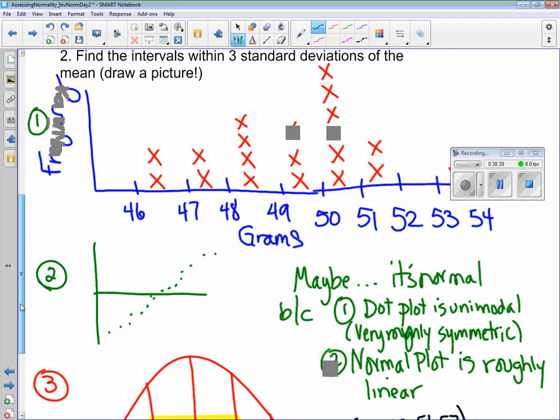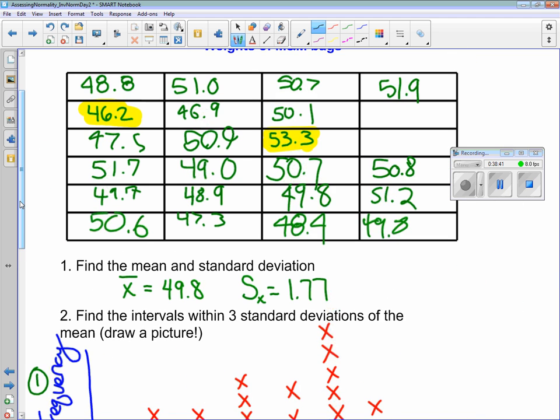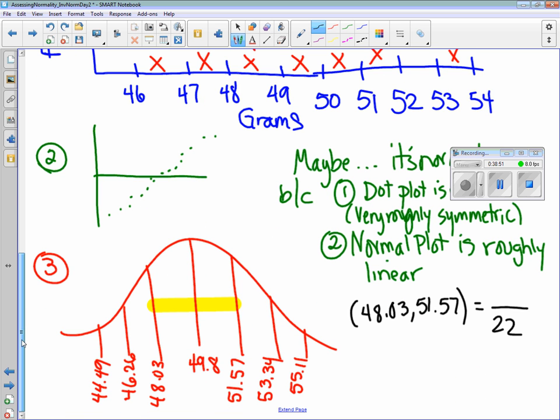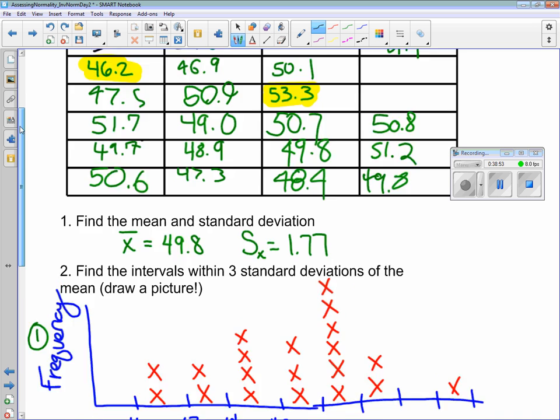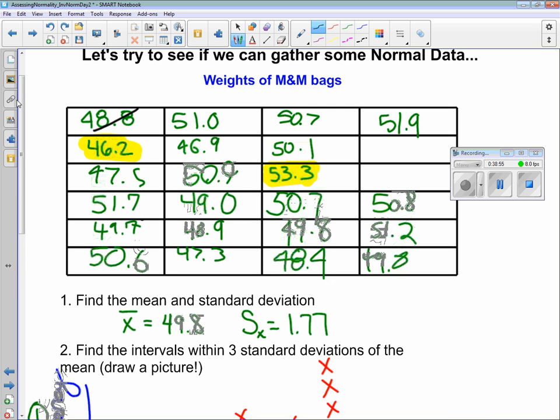48 to 51. So 1, that's not right. 48 to 51, this one. 1, what's 51.57, right? So 1, 2, 3. Do you see what I'm doing? I'm counting the numbers that are in my range.